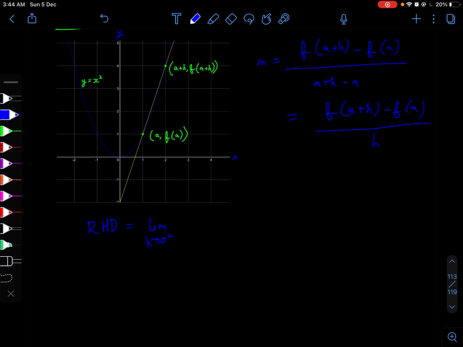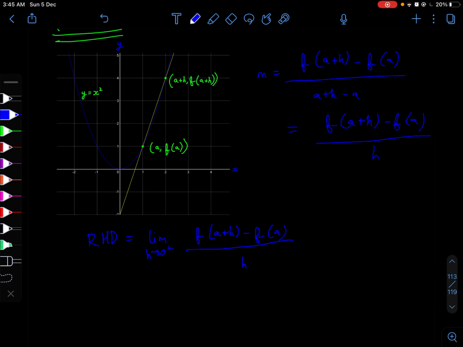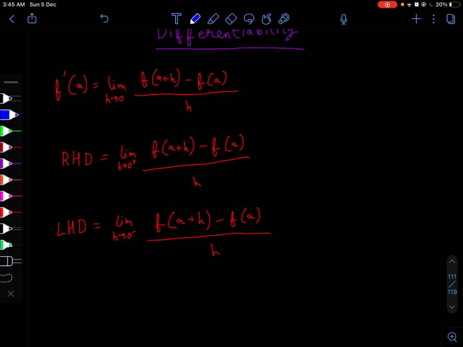So we're reducing it from the positive side. So limit as h tends to 0 plus of f of a plus h minus f of a, whole thing divided by h. And this is how I would derive the formula for the right hand derivative.